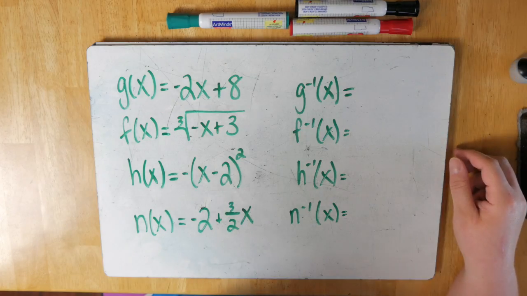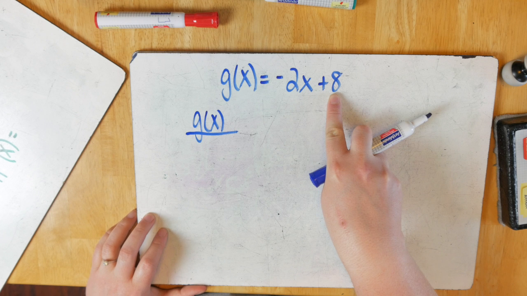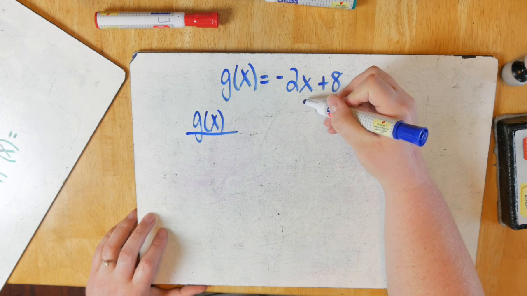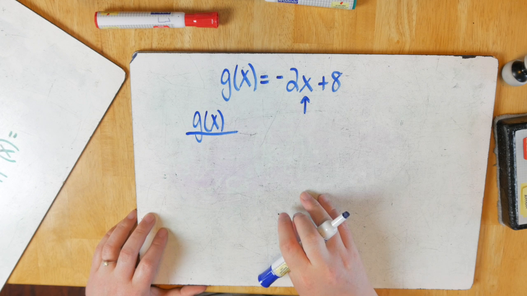So here we go. We've got g of x is negative 2x plus 8, and we're going to think about this in terms of what happens to the function if we were to input something in for x. If I were to plug a value into the input, into the x variable there, what would happen to it?